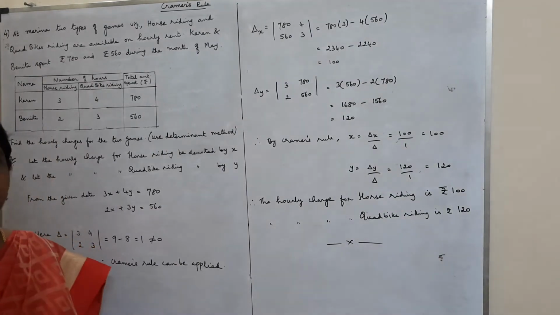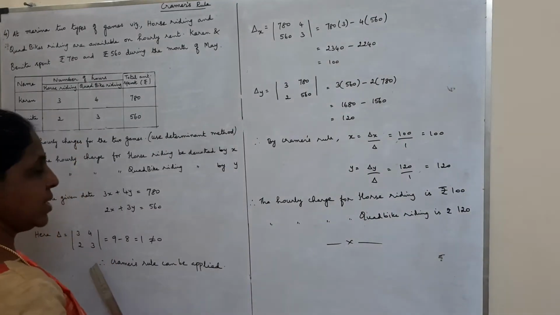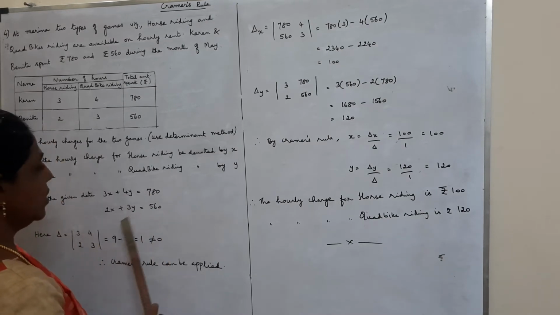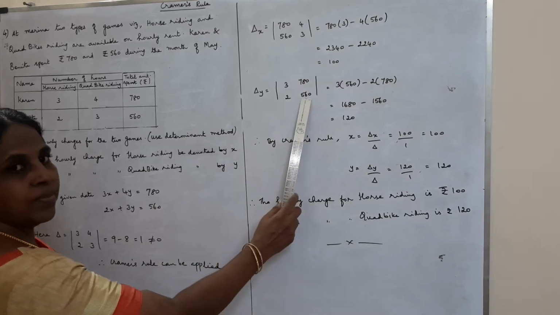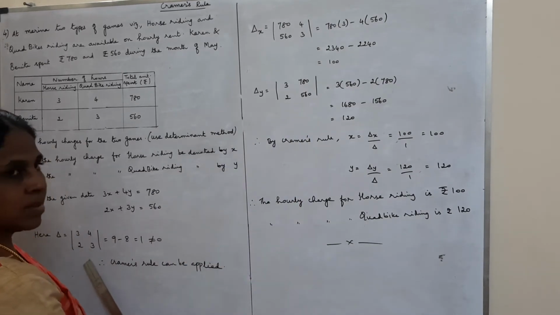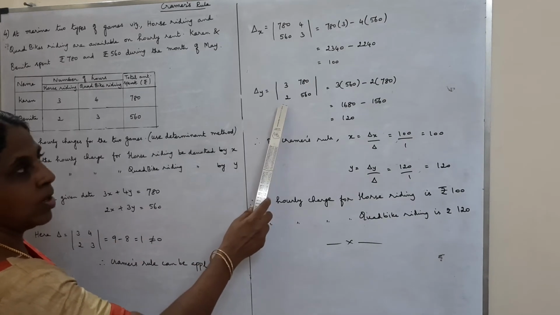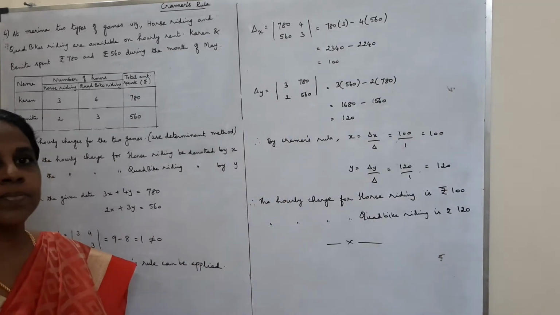Next, delta y. How do you write delta y? Column 2 of delta is to be replaced by the constants. So column 2, which is 4 and 3, is to be replaced with 780 and 560. Column 1 will be as it is. Whatever is there in delta will be there in delta y in column 1. So 3, 2. Column 2 is replaced with the constants.